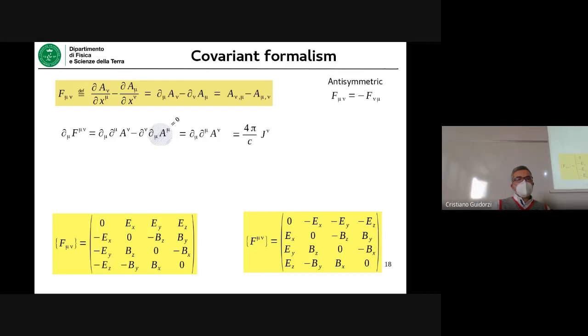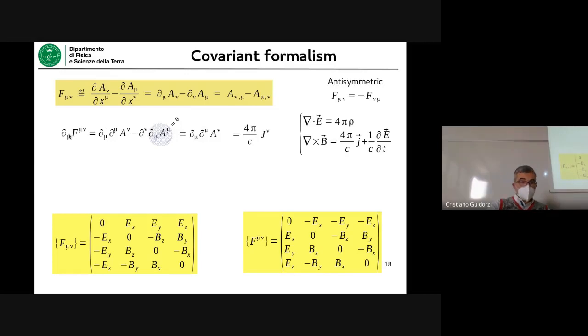So you immediately see that instead of going through the full vector potential, you can express Maxwell's equations just starting from the electromagnetic tensor. Considering the four Maxwell equations, you immediately see that this equation encodes just two of them, the ones which are related to the charge density and the current density, because of the 4-current showing up here.